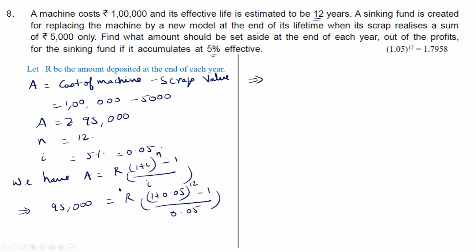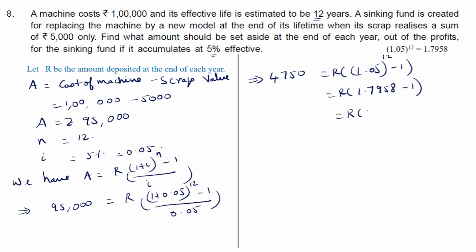So if we cross multiply, 95,000 into 0.05, it is 4,750 equal to R into (1.05 the whole raised to 12 minus 1). 1.05 the whole raised to 12 is 1.7958. 1.7958 minus 1, so it is R into 0.7958. So from this we get R as 4,750 upon 0.7958. Now when we simplify, we get it as 5968.8.